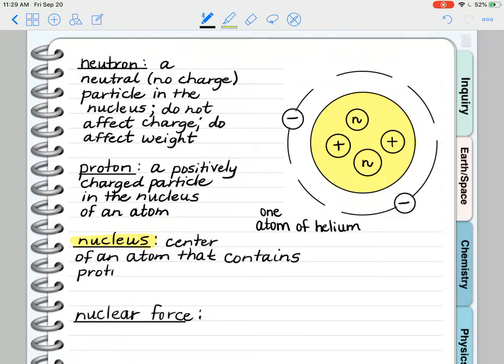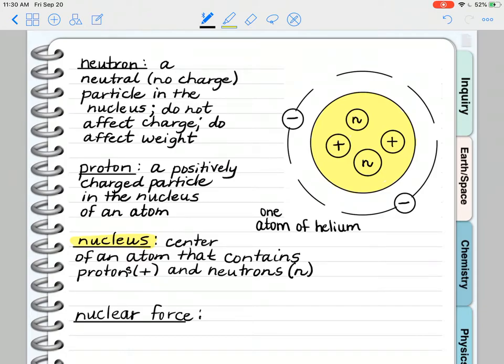And every time you write proton, put a plus, because that's a positive, and that will help you to keep track of those and learn them. Neutrons are negative. Protons and neutrons are found in the nucleus of an atom.